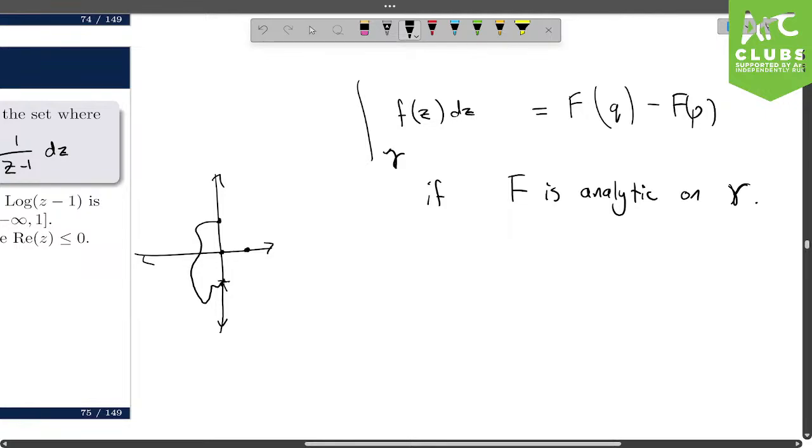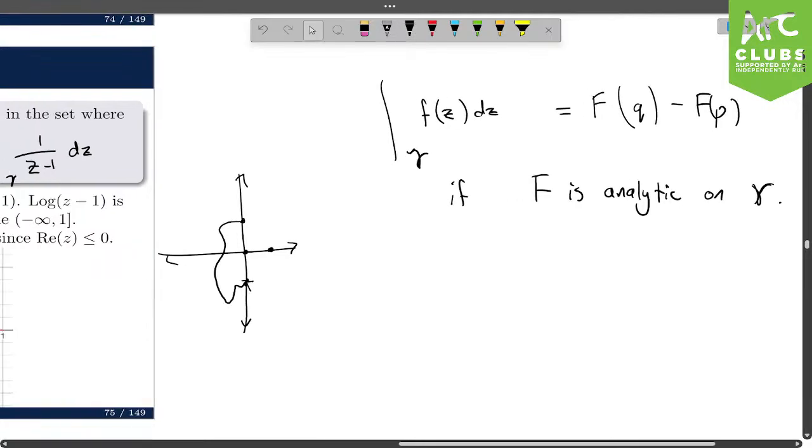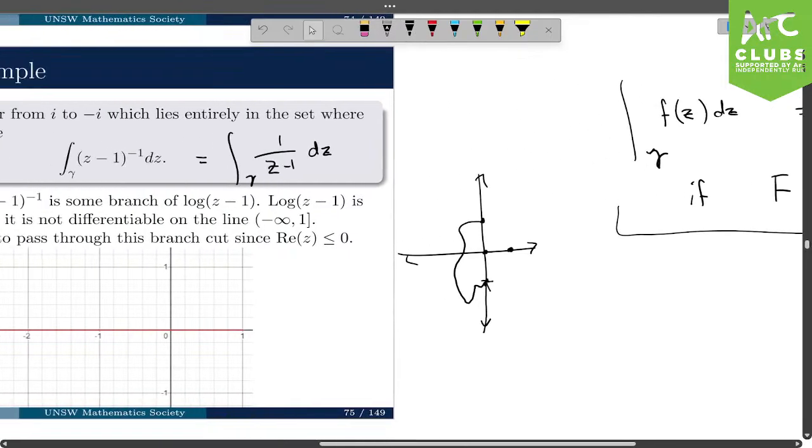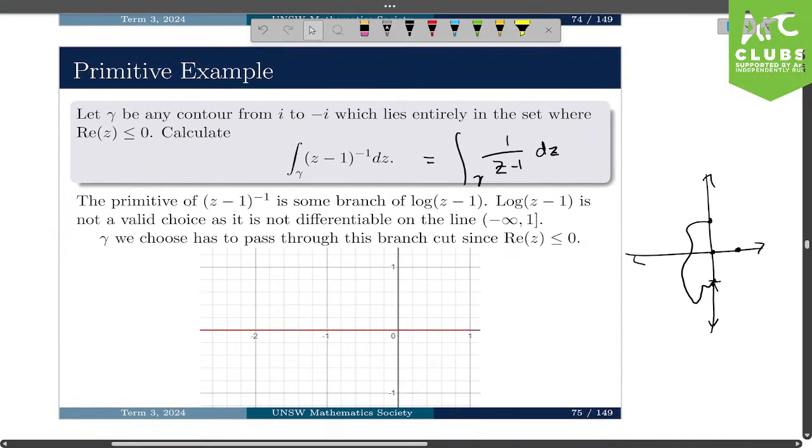So before we actually evaluate what our integral should be, we have to verify that this is true, otherwise we'll get the wrong value. So the most obvious antiderivative that we can find is log of z minus 1.